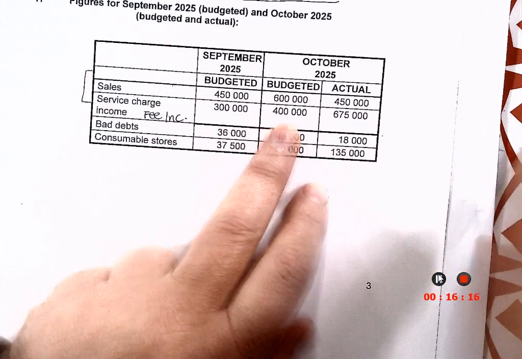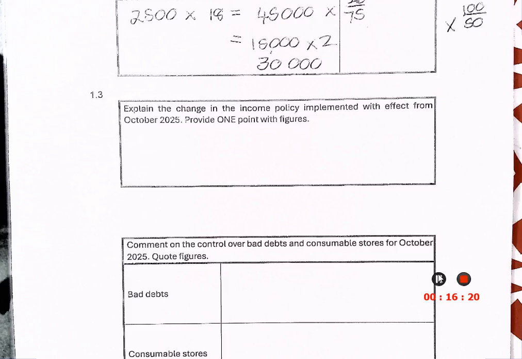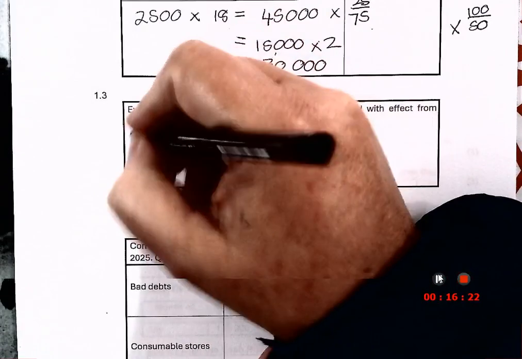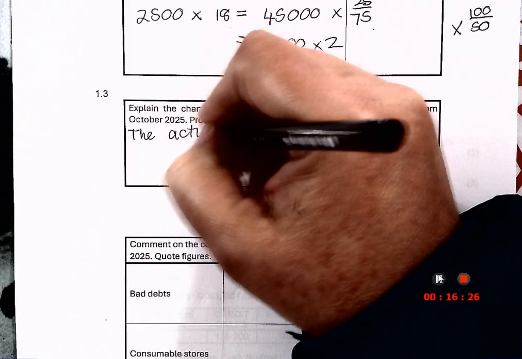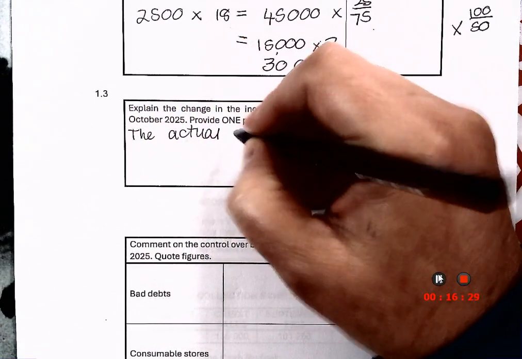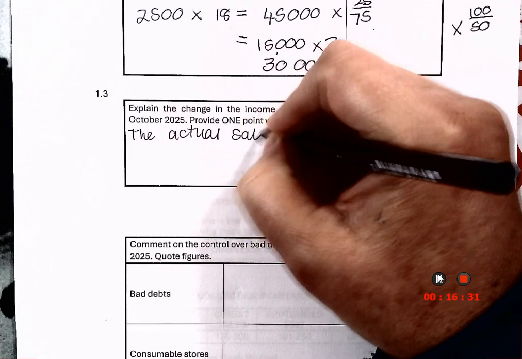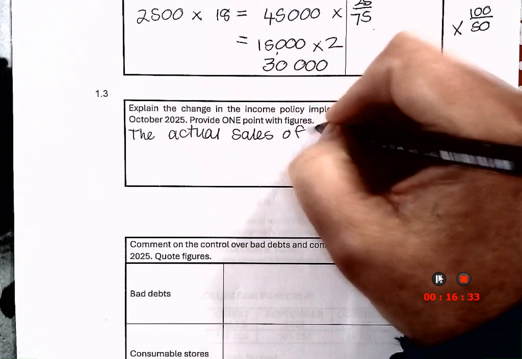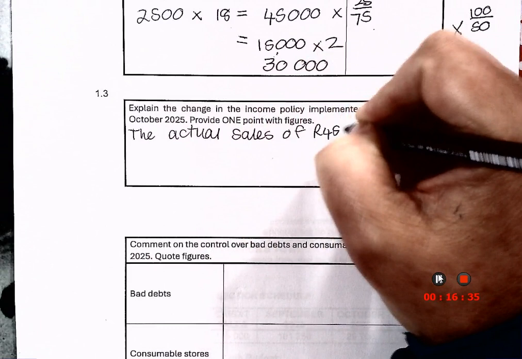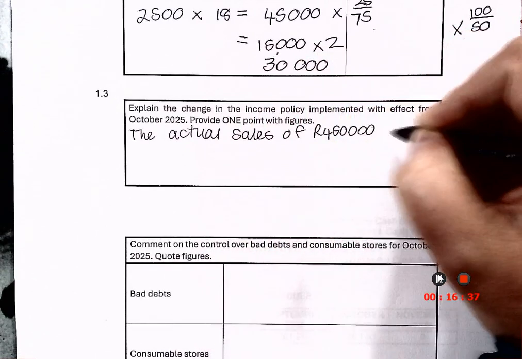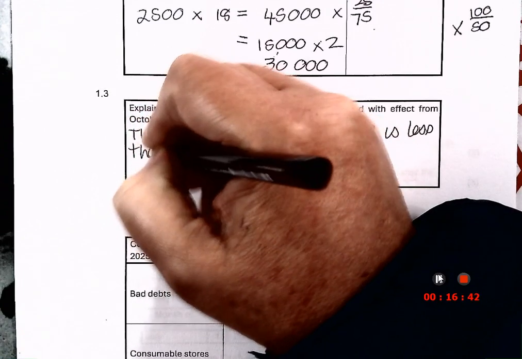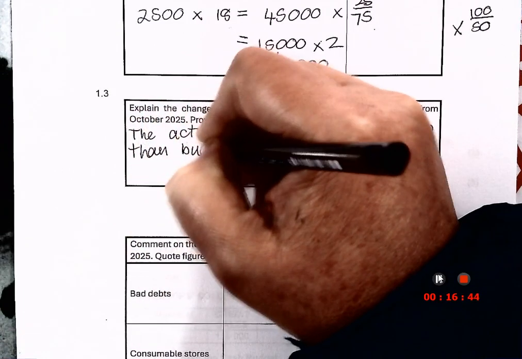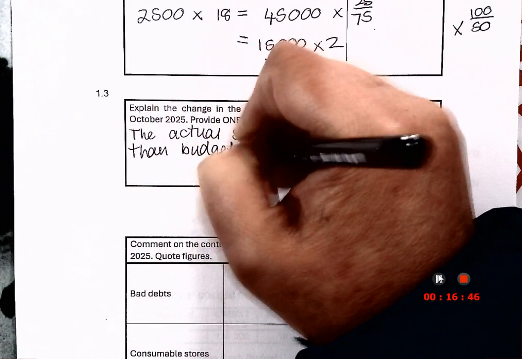Okay, so how will we answer that? We will say: the actual sales of 450 is less than budgeted 600.